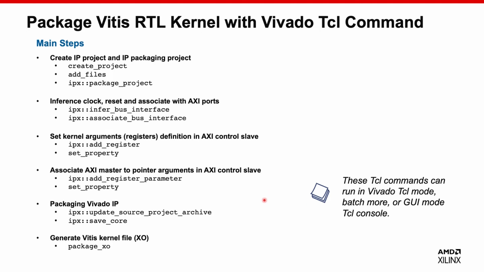Here are some major Tcl commands that may be used in the scripts, including create the project, infer AXI ports, infer clock and reset, set kernel arguments, associate AXI master ports, and the command to execute the final IP and kernel files packaging.